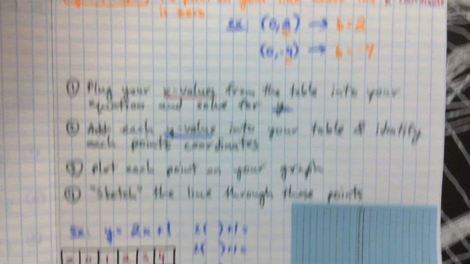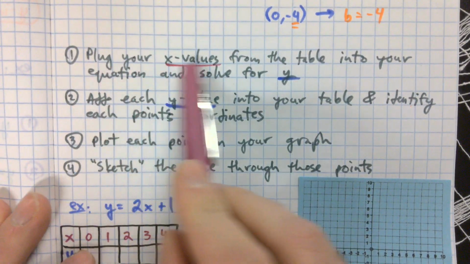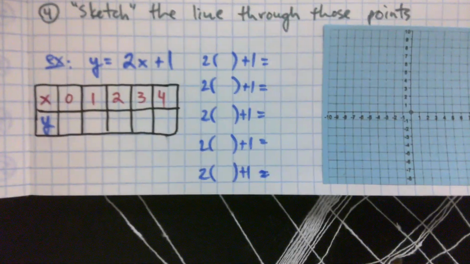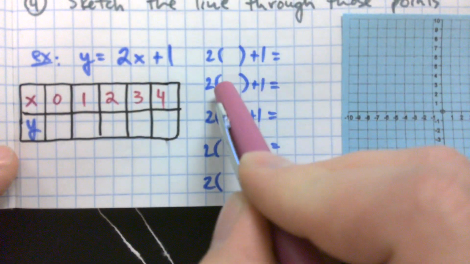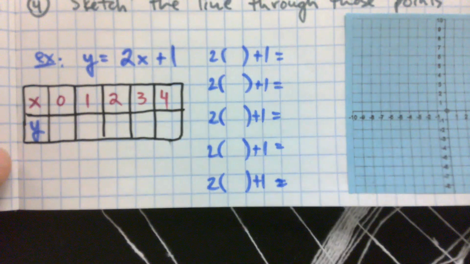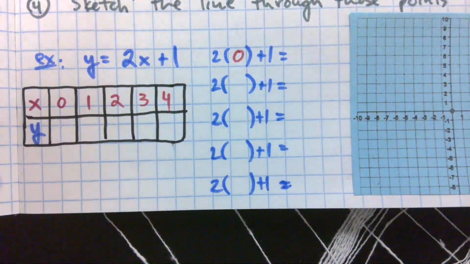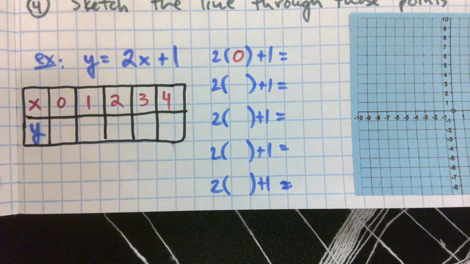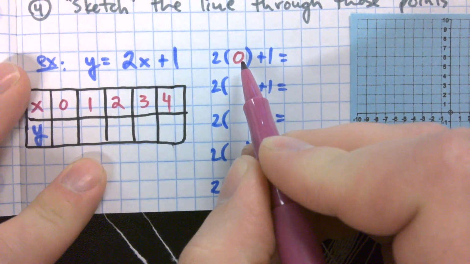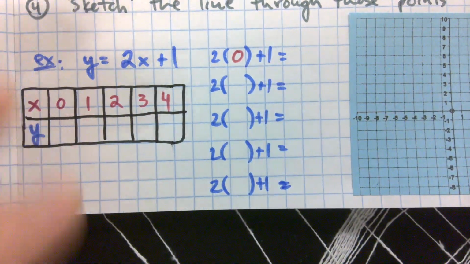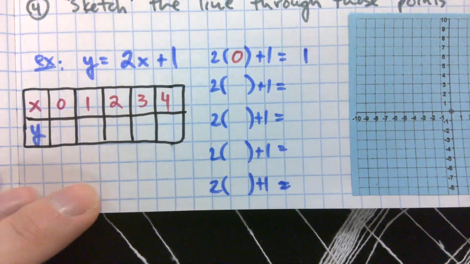My step 1 that we wrote down was to plug your x values from the table into your equation and solve for y. Here's my equation. What's the first x value that I want to plug in from my table? 0. So we'll do 2 times 0, which is 0, plus 1, which equals 1.